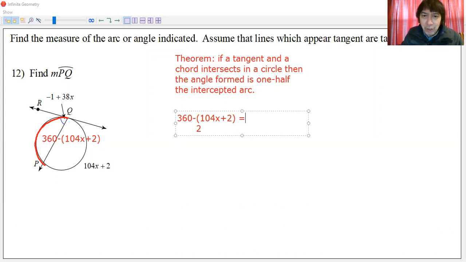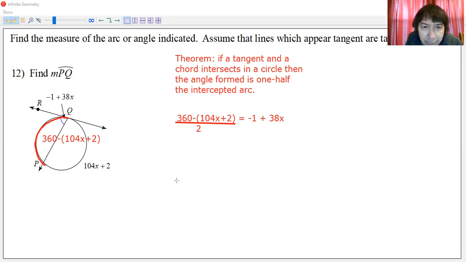And so this is equal to negative 1 plus 38x, which is the expression for the angle. So this will be difference in arc divided by 2. Okay, there. So we can solve for x first. All right, let us solve for x first here.